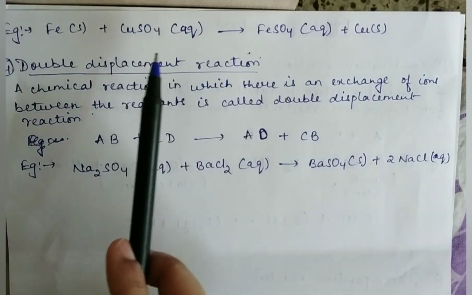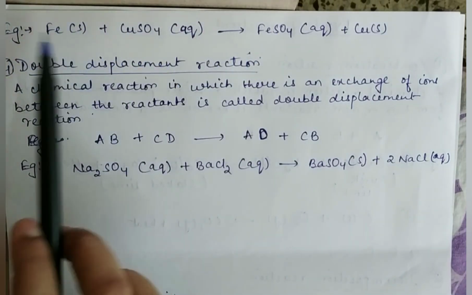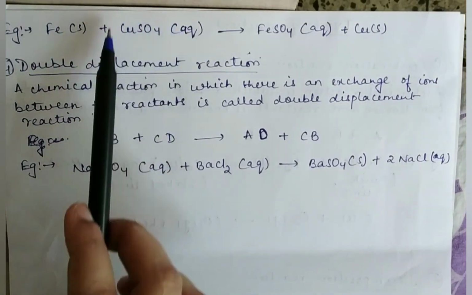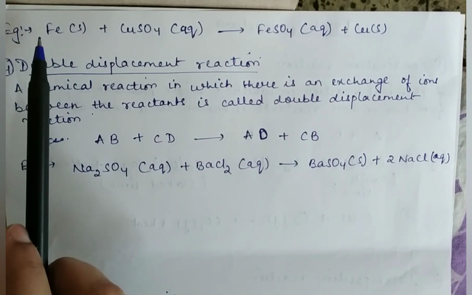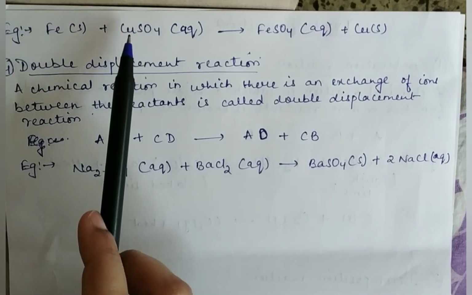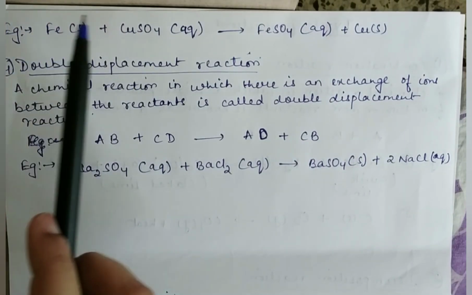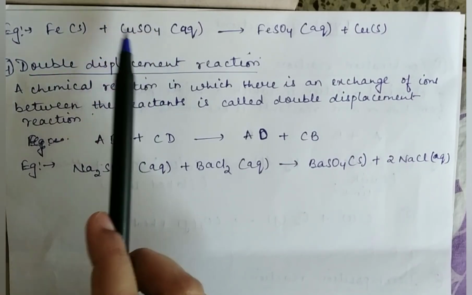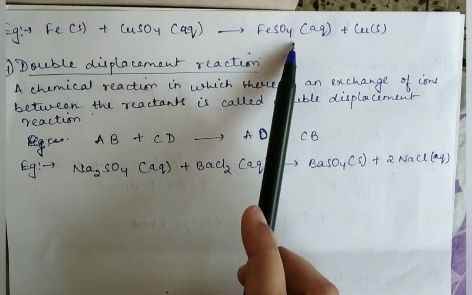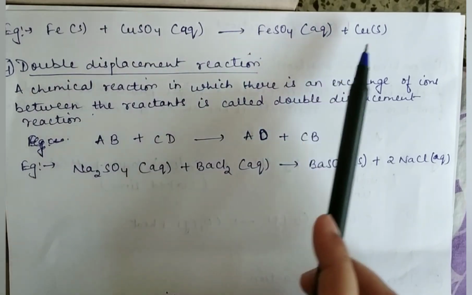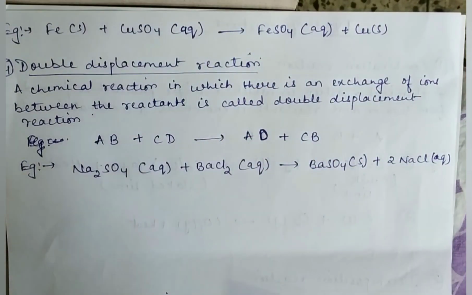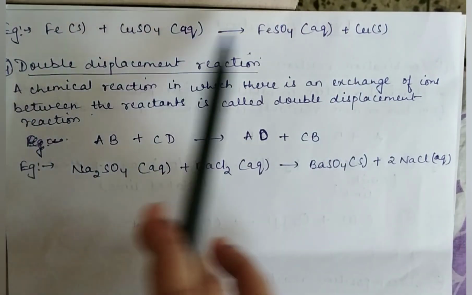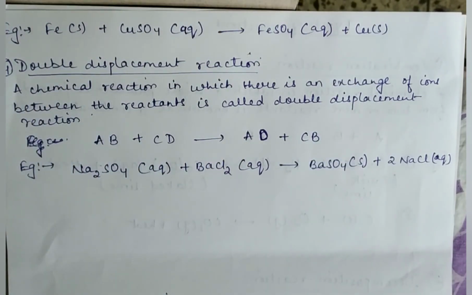If we add iron metal into an aqueous solution of copper sulfate, then since iron is more reactive than copper, iron displaces copper from copper sulfate and forms iron sulfate, or ferrous sulfate, plus copper metal is released. So this is an example of displacement reaction.